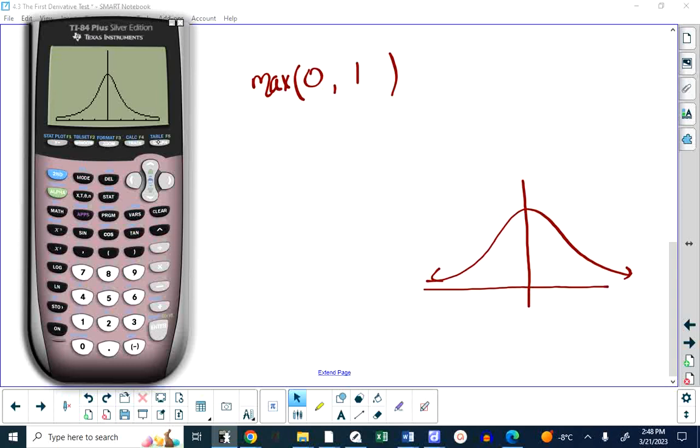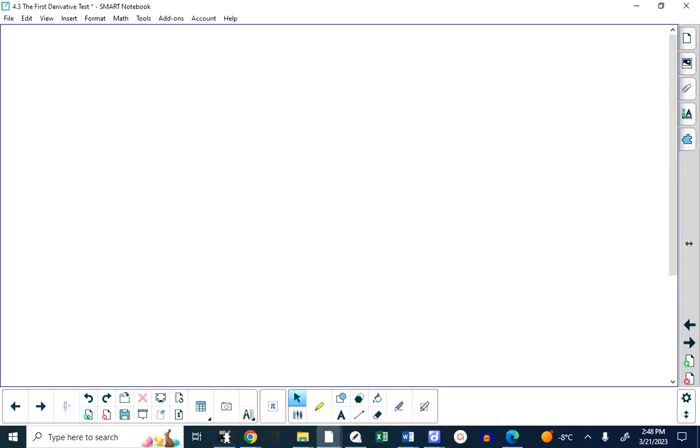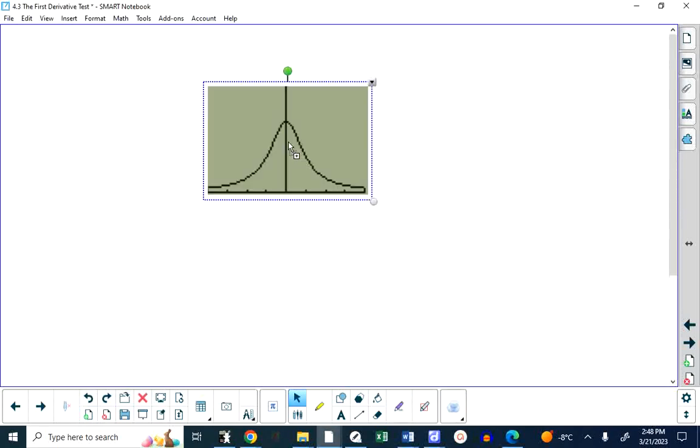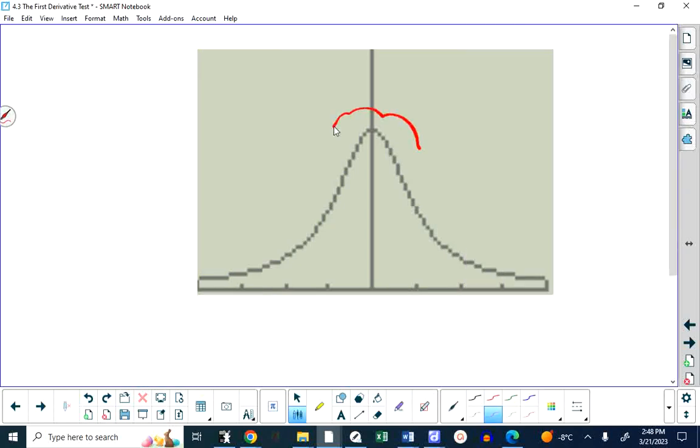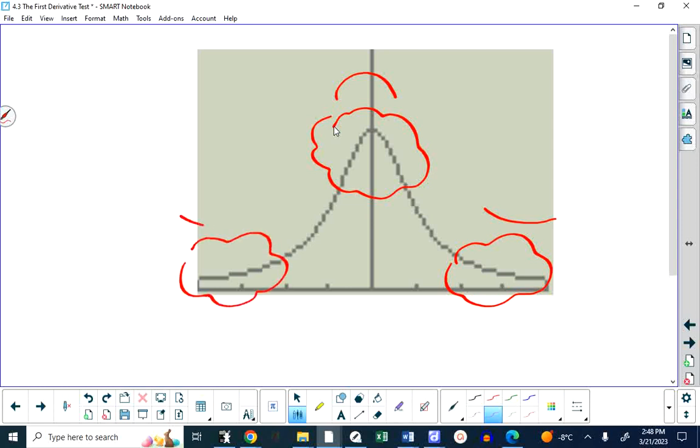Not much to it. Just to let you know where we're going in terms of other things in this unit. Do you all see that in this region right here, generally speaking, the graph has that kind of curving to it? But in this region, it definitely has that kind of curving to it. And in this region, it has that kind of curving.